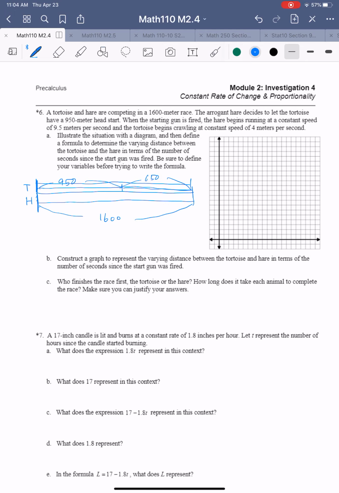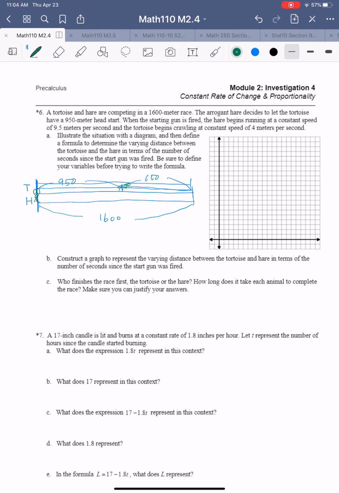But we are looking for the distance between them, okay? So that's what we think. Let's say Taurus is ready to run from here. He's here. And then the Hare is right here. And they are warming up to get ready to run.